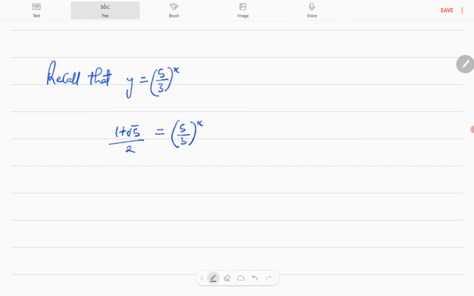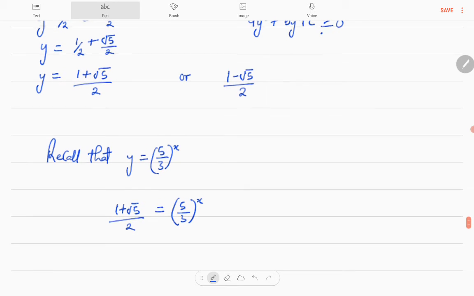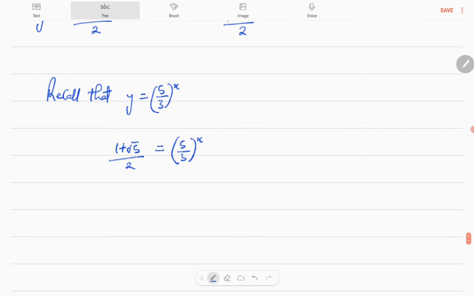So I'm going to introduce the law of logarithm here, which states that if we have a quantity n is equals to exponential x, we can have our x as logarithm of n base e.